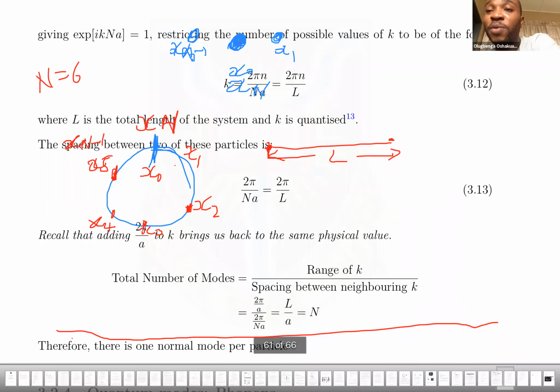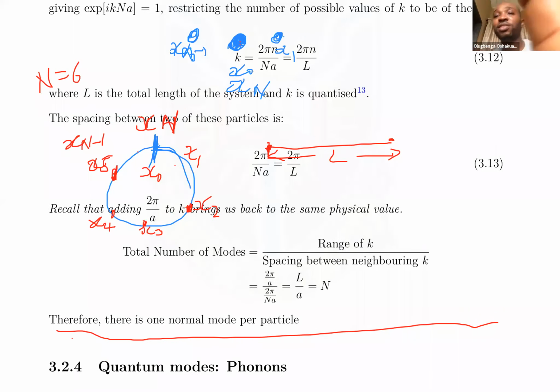The range of K is 2 pi over A, while the spacing between K, which has been derived at equation 13, is 2 pi over N A. So dividing 2 pi over A by 2 pi over N A directly gives us N. Or if you want to go through the long route, 2 pi over A is L and 2 pi over N A is A. But by dividing this straight away, you have N. So we have one normal mode per particle. That is just the conclusion we have here.